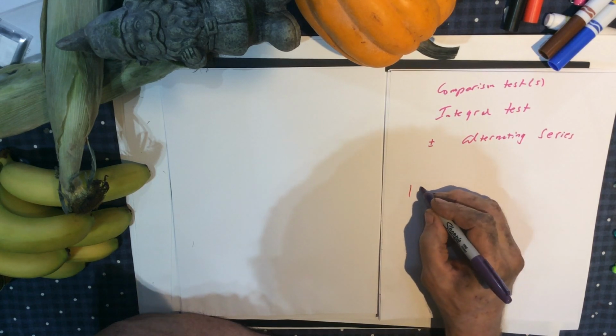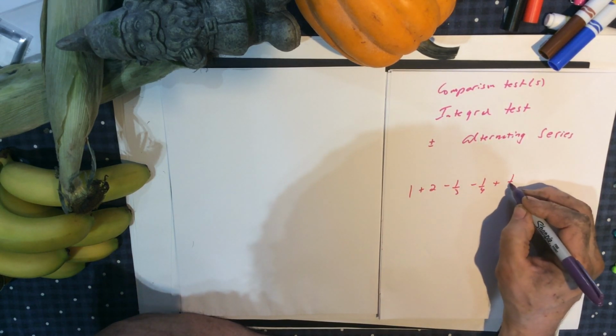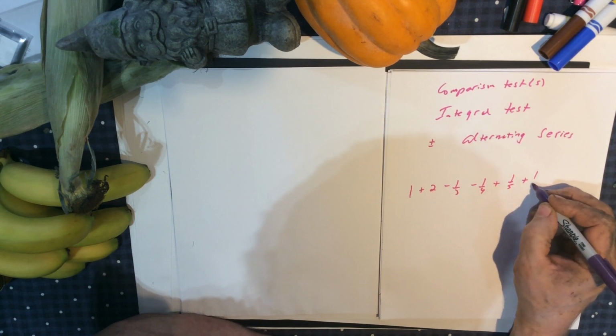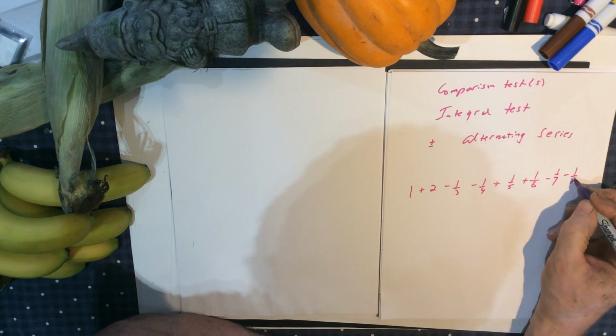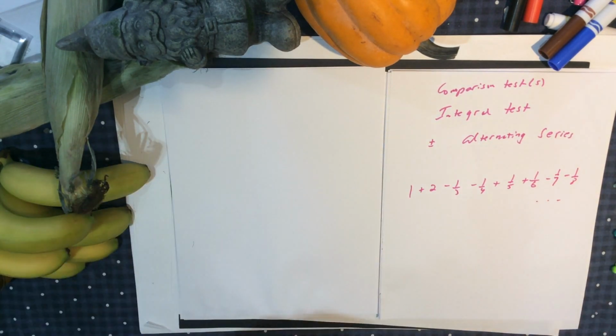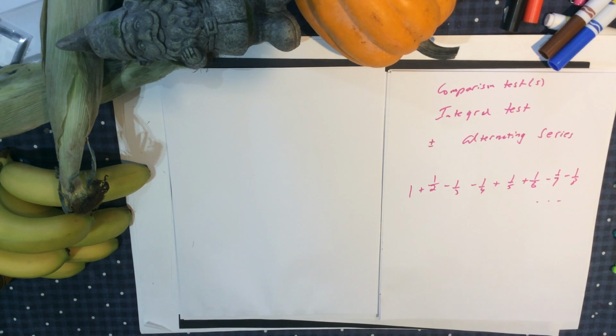Let's say we have 1 plus 1/2 minus a third minus a fourth plus a fifth plus a sixth minus a seventh minus an eighth, etc. I should have done a 1/2 there. Does this series converge? It's not exactly an alternating series.